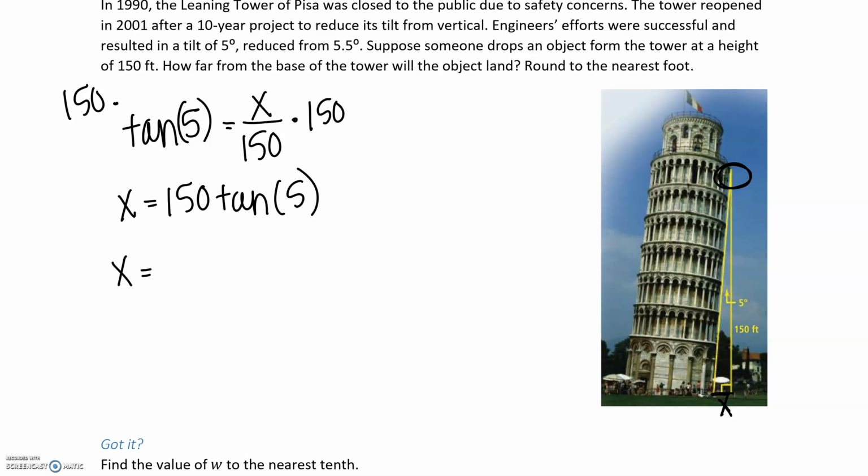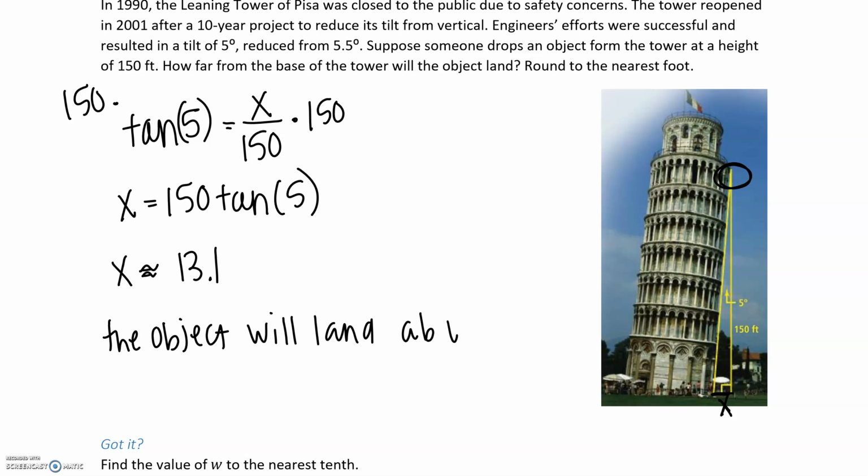When you do that, that gives you about 13.1. In this case, we are going to round it to the nearest foot. So we're going to say that the object will land about 13 feet away from the base.